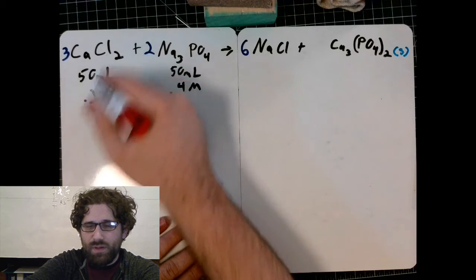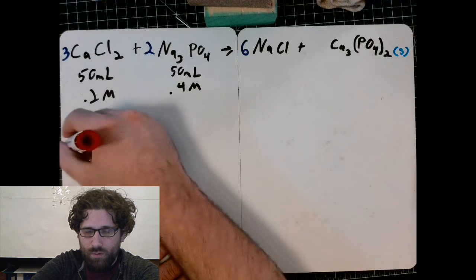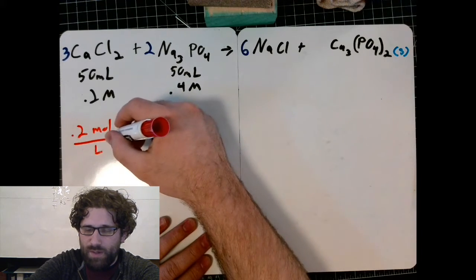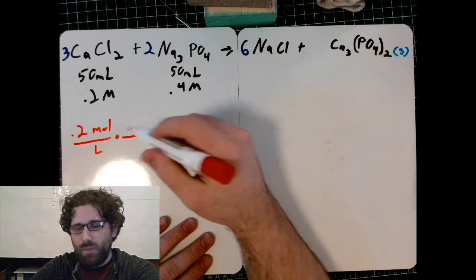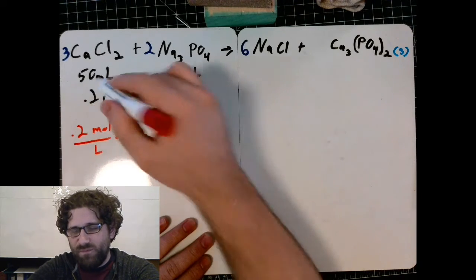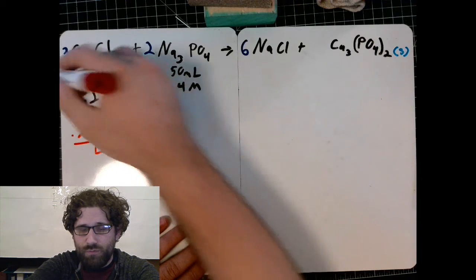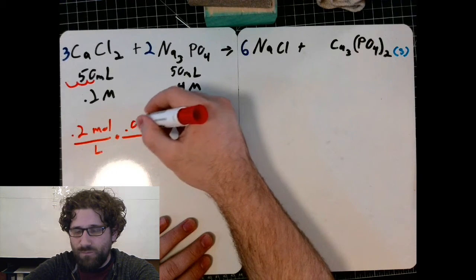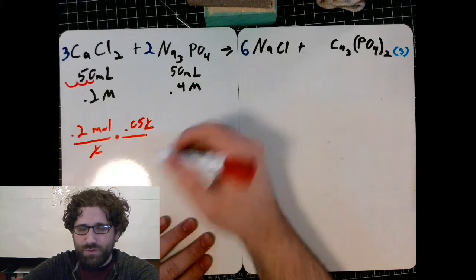So let's start with calcium chloride. We're going to take 0.2 moles per liter and multiply it by our volume. Our volume here is 50 milliliters. Converting that into liters, I'm going to move the decimal place 1, 2, 3. It's going to be 0.05 liters. Liters cancels out, leaving me with moles.